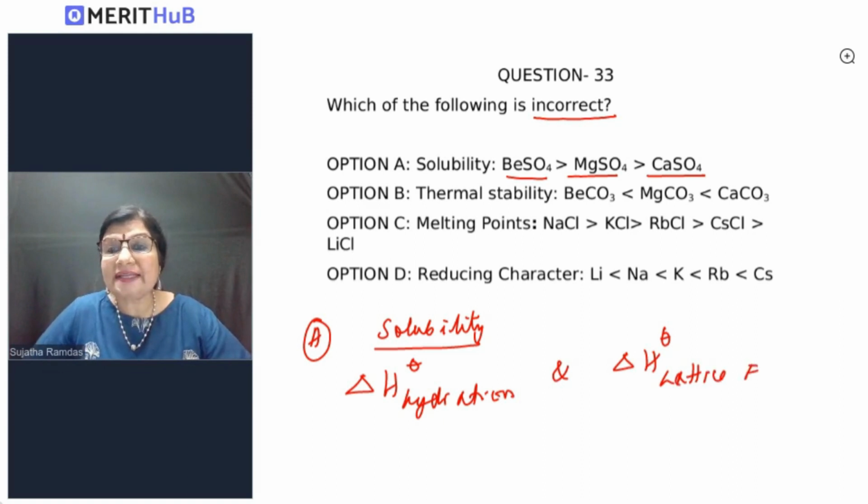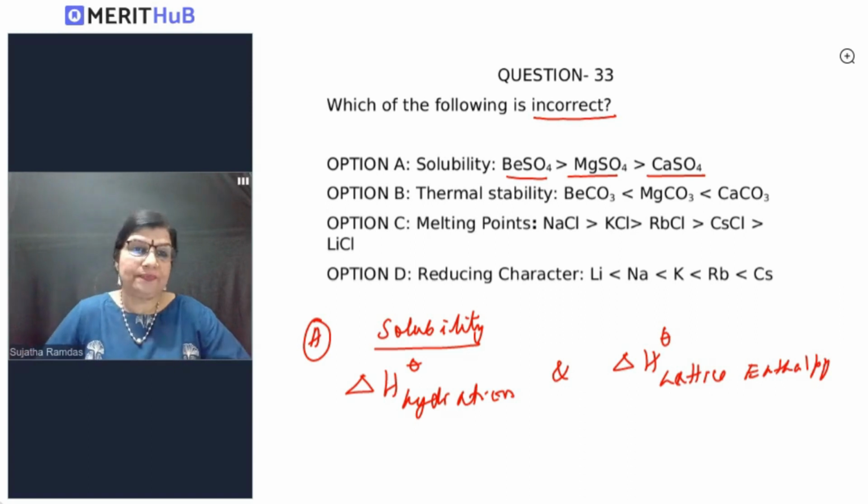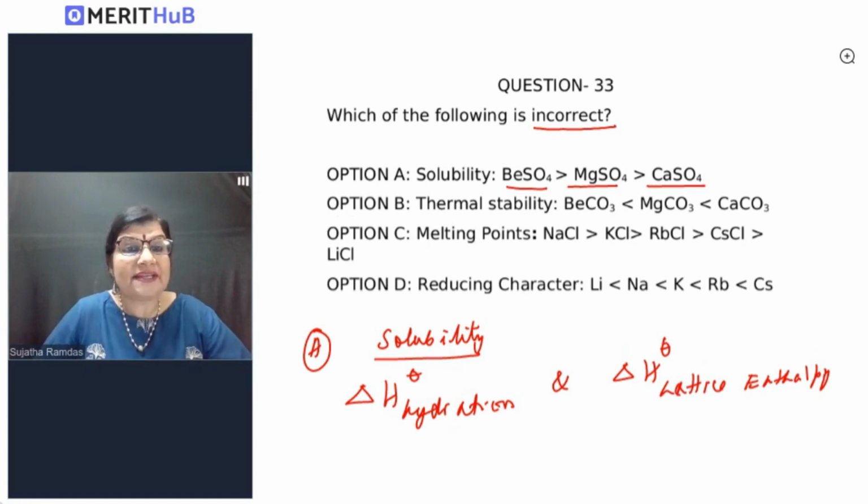Lattice enthalpy gives you the strength of the bond between the cation and the anion. Hydration enthalpy gives you the amount of energy released when a cation or an anion is surrounded by the solvent molecules, water molecules. So the size of the cation is very important to identify the magnitude of hydration enthalpy.